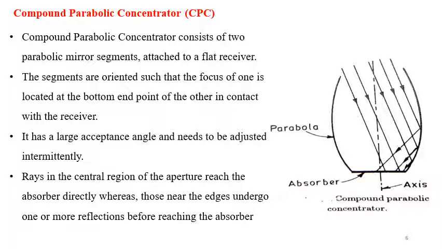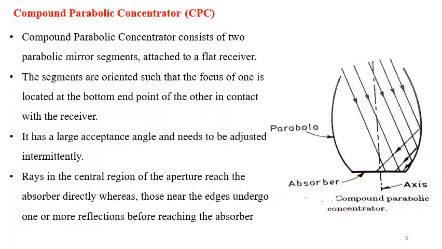Because of this characteristic, a large proportion of the solar radiation, including diffuse or scattered radiation entering the trough opening, is collected and concentrated on a small area.